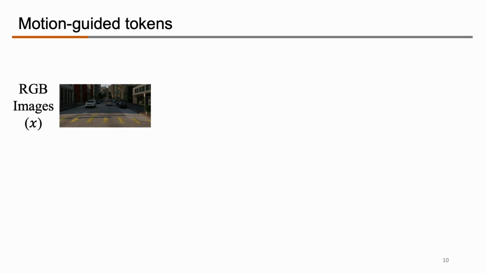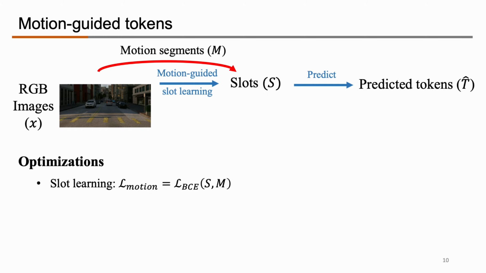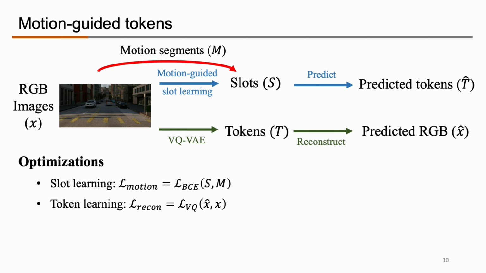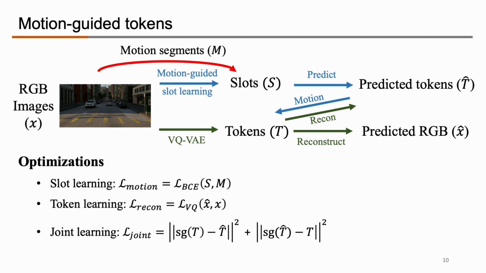For the optimization, we apply the binary cross-entropy motion loss to the slots, and VQ reconstruction loss to the token representation. We also jointly train the slots and the tokens so that the motion cue and the token representation can be linked together. For the joint learning objective, the first term is used to backward the downstream appearance signal to the slot learning, and the second term will apply the additional motion guidance to the token representations.